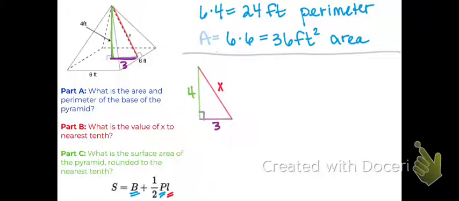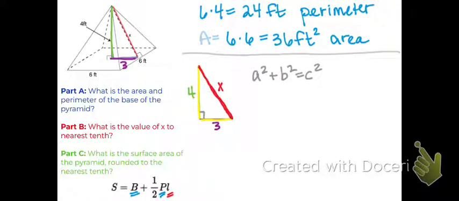So remember, with right triangles, we can find one missing side length by using the Pythagorean theorem, which says a squared plus b squared equals c squared, where a and b are always the legs that create that right angle, and then c is the long side directly across from our 90-degree angle.